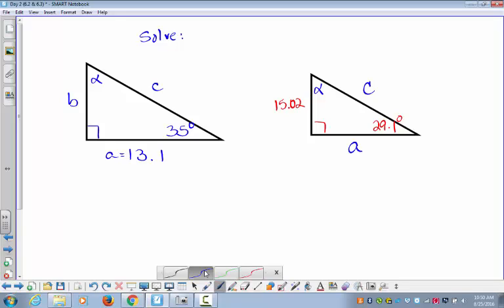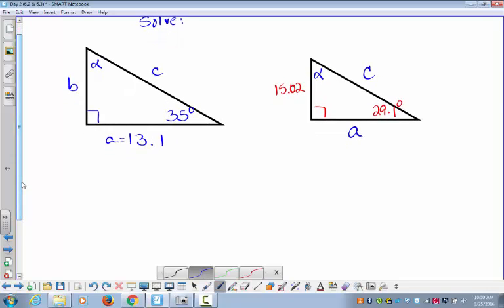All right, let's go ahead and solve this first one. Let's see if I can find my marker. So when we look at this first triangle, we can solve for alpha first.